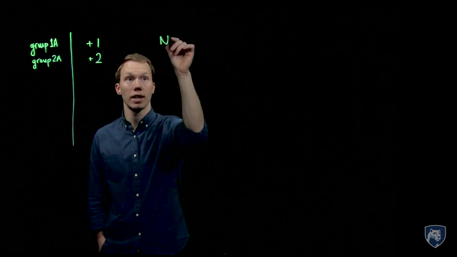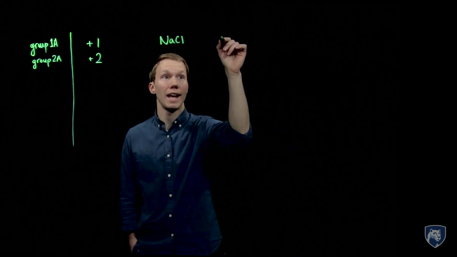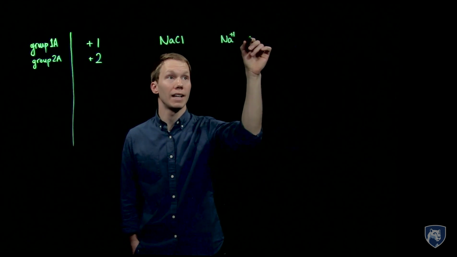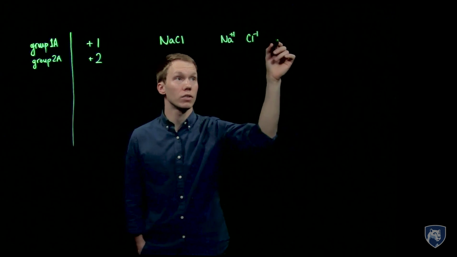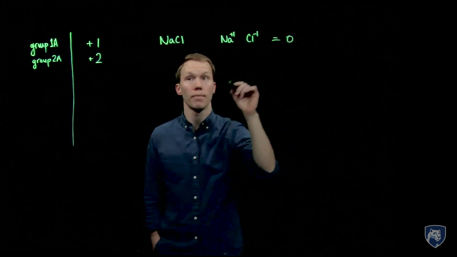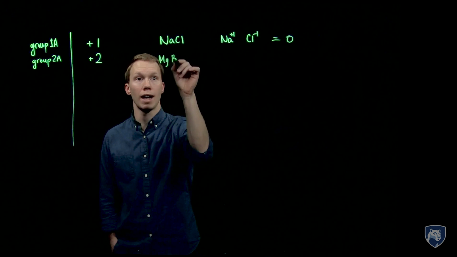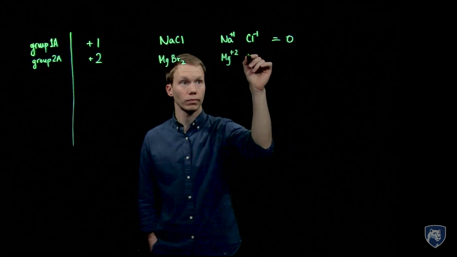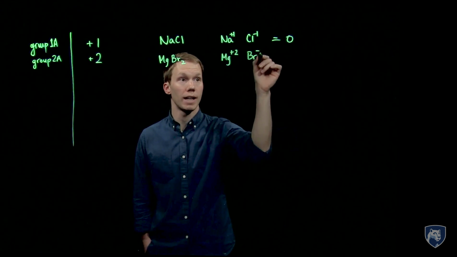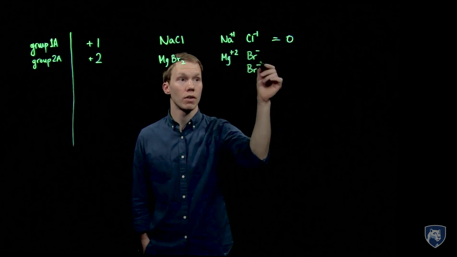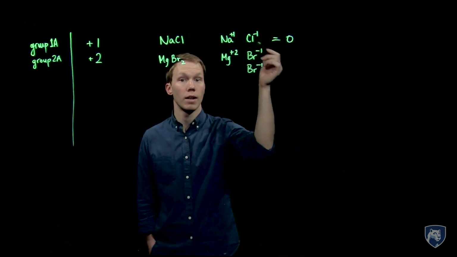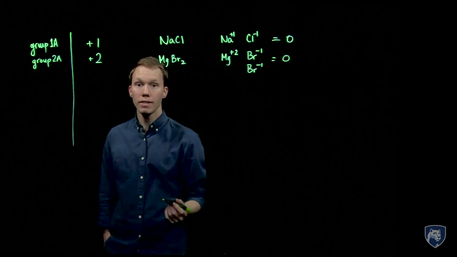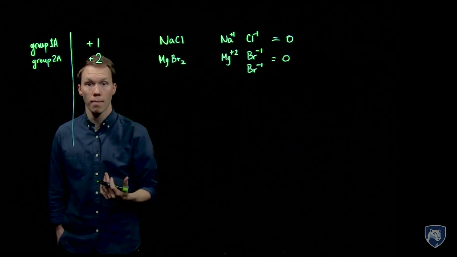So compounds like sodium chloride, we'd have Na having oxidation number of +1 and chloride -1, so that the sum must equal 0. We have magnesium bromide, Mg would be +2, Br would be -1 each. There are 2 of them, right? So this would be -1, -1, plus 2 would add up to 0. Okay, so the sum of the oxidation numbers will equal 0 for a neutral compound.